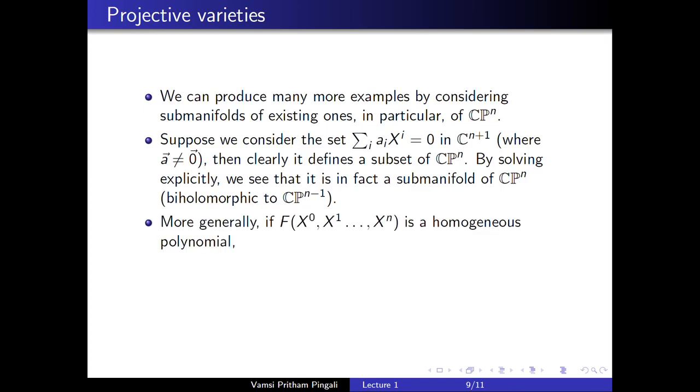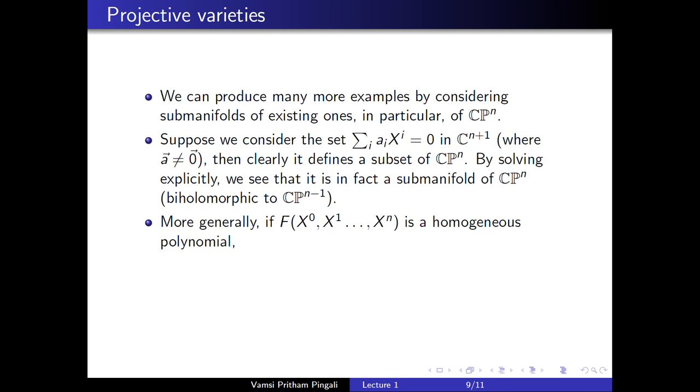Alright, so more generally, what created the magic here? The fact that if x was in this set, lambda times x was also in this set. Well, how did that work? Well, we could pull the lambda out of the equation, right? So more generally, if you have a homogeneous polynomial, what does that mean? If you put a lambda in front of all of these, you can pull lambda raised to d, where d is the degree, outside.